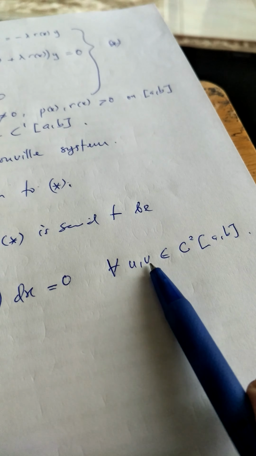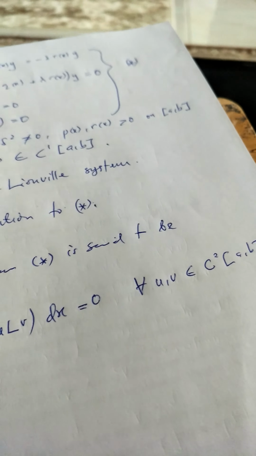This means that u and v are twice differentiable and continuous.